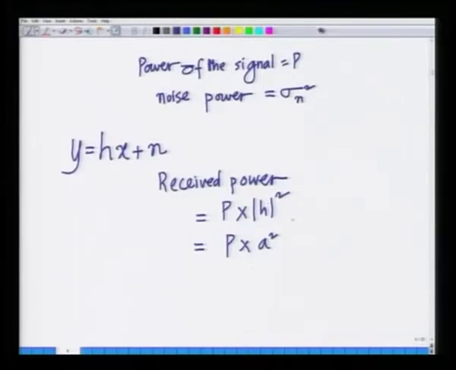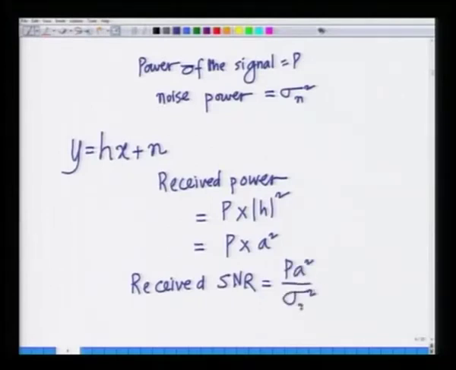Remember, we said h is given as A e power j phi, the magnitude of h is A, hence the received power is P times a square. Hence, the received SNR is P a square divided by sigma n square. I can also write this as a square times P over sigma n square.